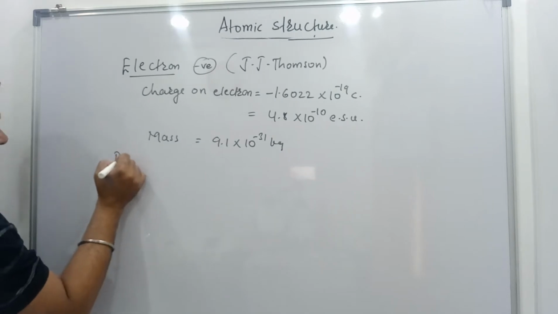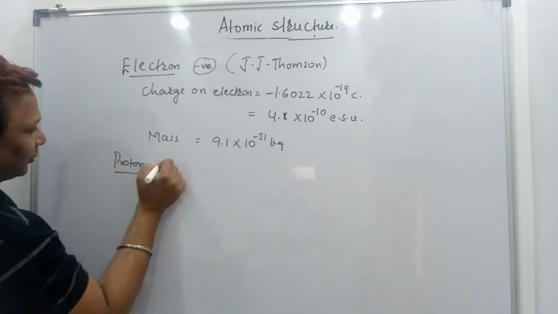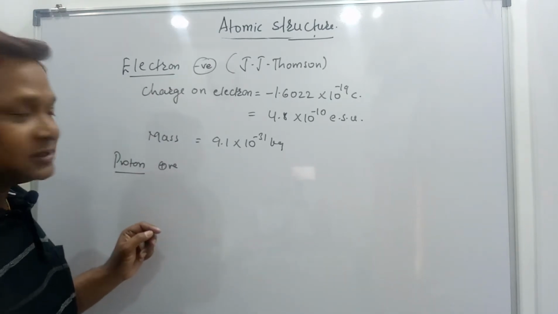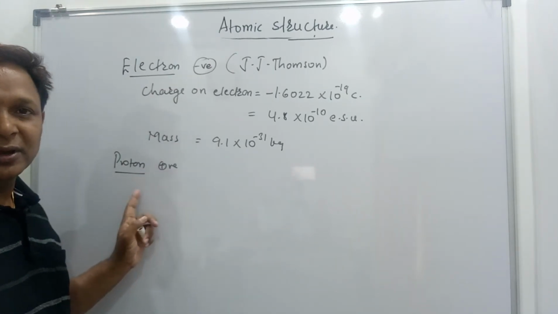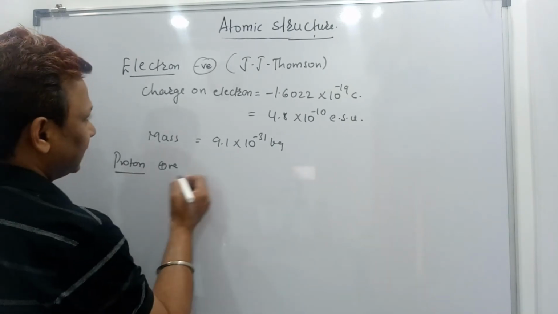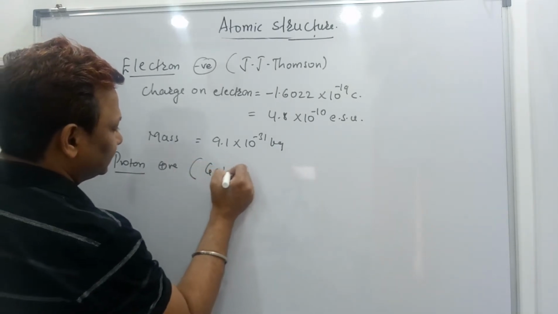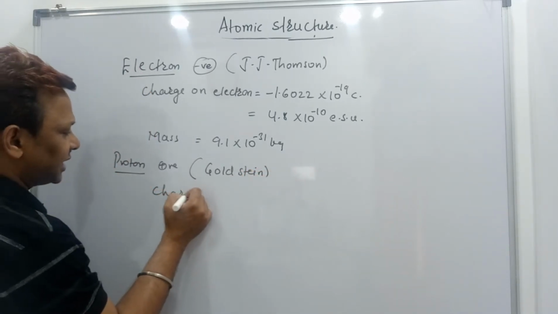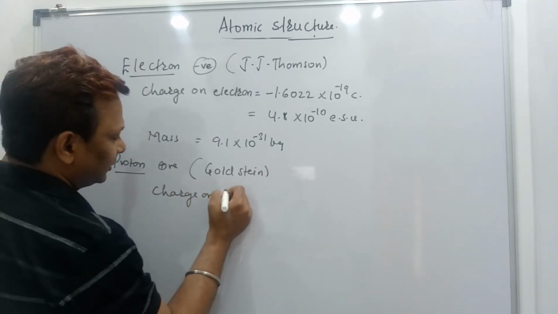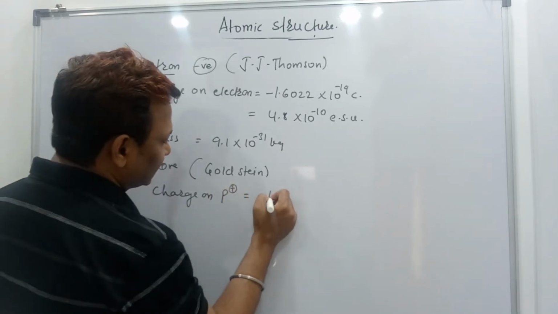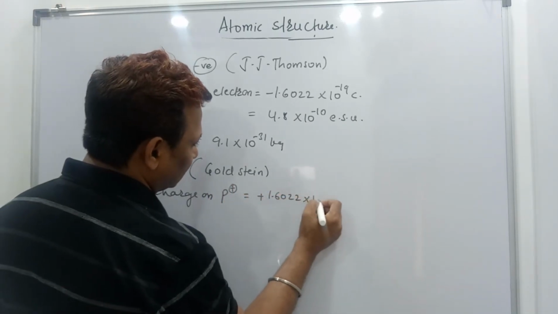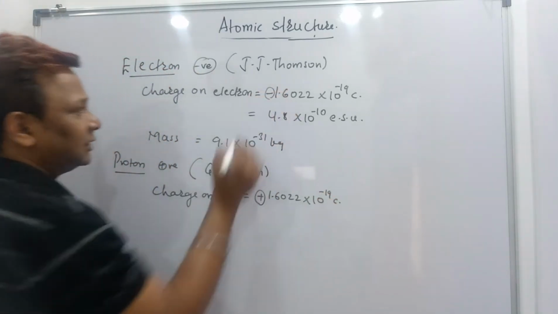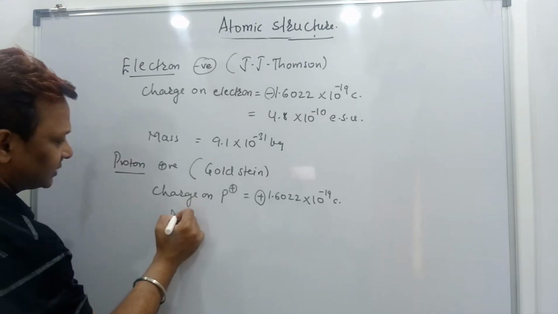Then we saw the proton. A proton is positively charged and present in the nucleus, and the nucleus is positively charged due to the presence of the positive proton. It was discovered by Goldstein. The charge on the proton is plus 1.6022 into 10 to the power of minus 19 coulomb, a positive value, while the electron's is negative.